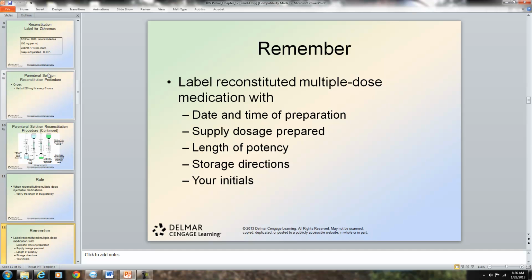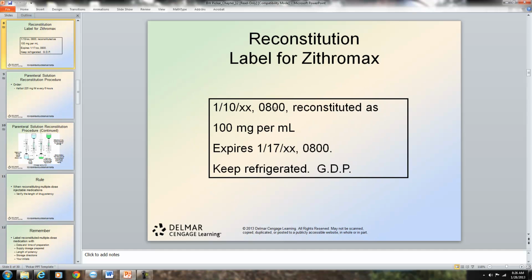So if we go back to this label, the 800 means the 8 a.m. Remember, we're doing military time.